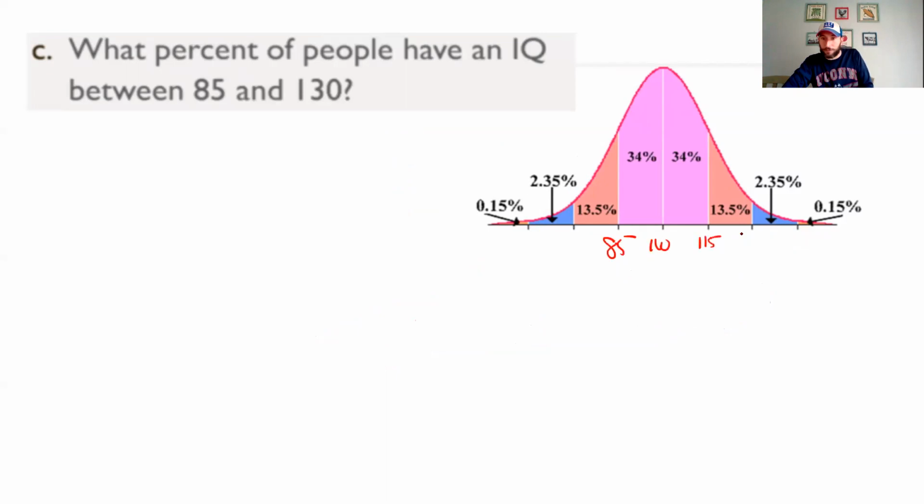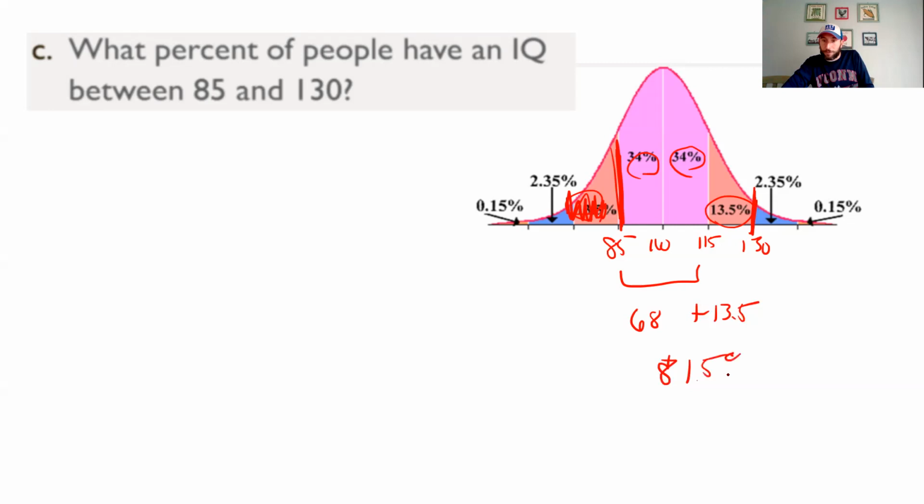100, 115, 130. So the boring way is we just add these four percentages. I'm sorry, we don't add that one, right? We don't add that because we want between here. Or maybe we already know that's 68 plus 13.5 to get our 81.5%.